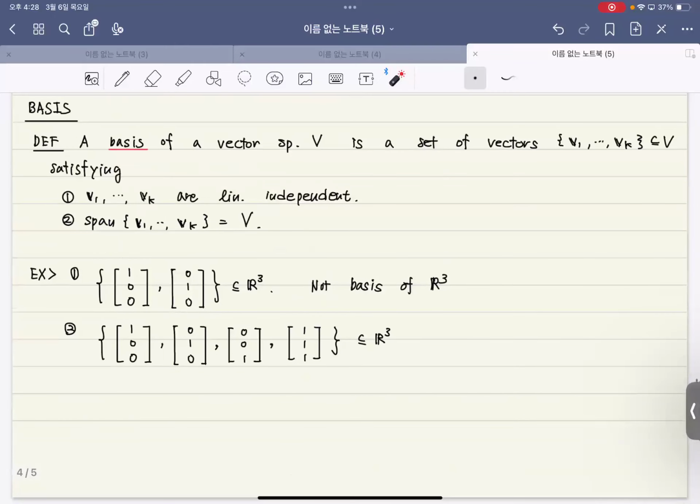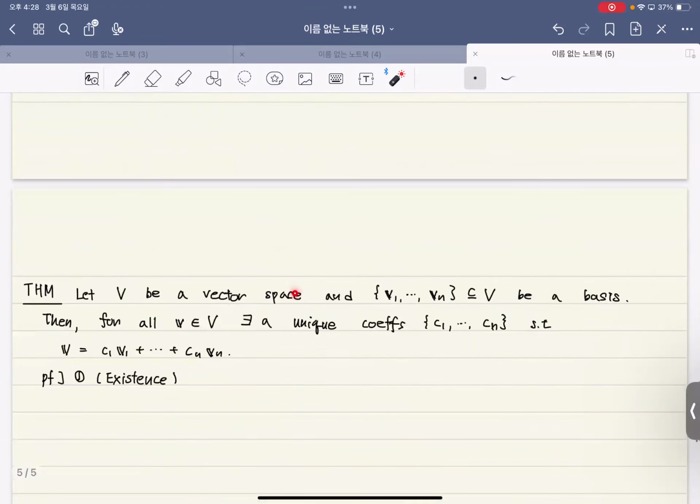Because by the definition of a basis, the span of these basis vectors must be the original vector space. Therefore, I must be able to write vector v as a linear combination of these basis vectors. That guarantees I have such coefficients. So the proof is done. What about the uniqueness? This is also easy.